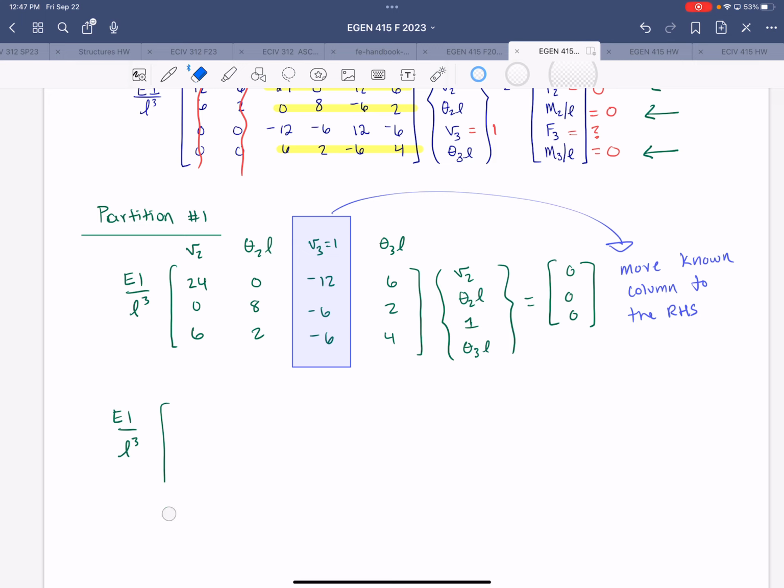So I'll write the new version of our equation here. We got V2, it's 24, 0, 6. Theta 2L, 0, 8, 2. And then theta 3L, 6, 2, 4. So now we have a square matrix. We have 3 unknown displacements.